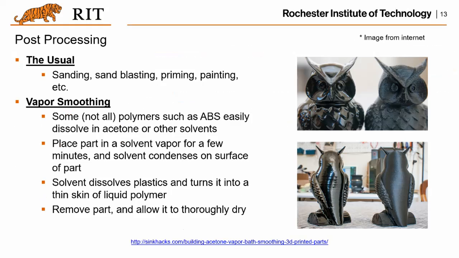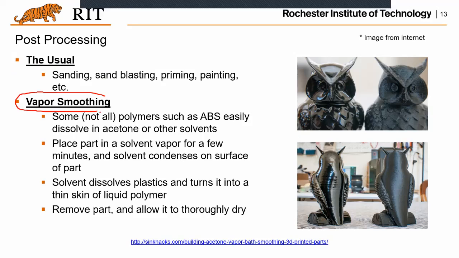So as I mentioned, in the video you also see some post processing to fine tune the surface, and there's a special one which is vapor smoothing. It is for some polymers such as ABS. You just put the part in a solvent vapor for a few minutes, and the solvent will condense on the surface of the part and smooth out those rough features.